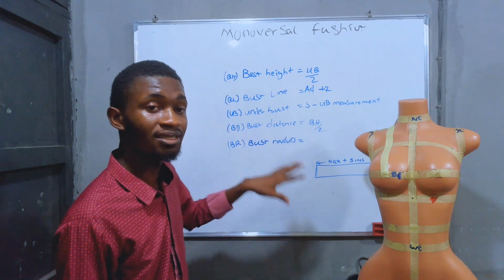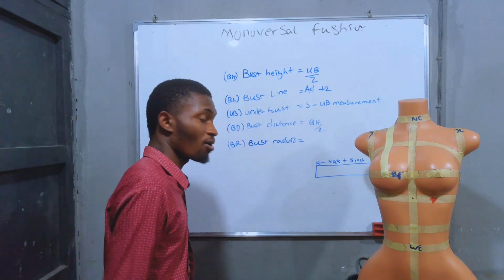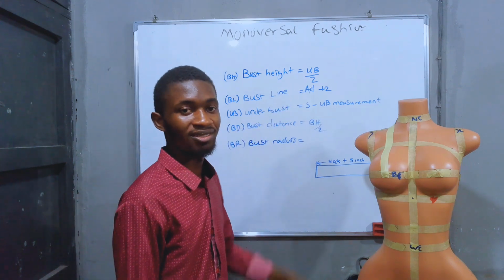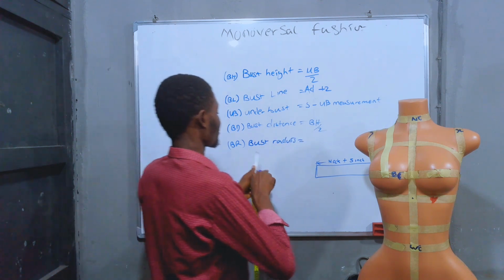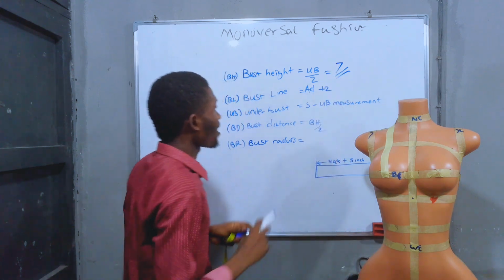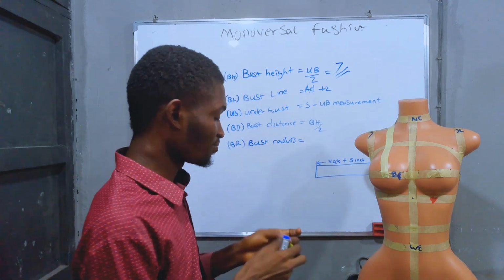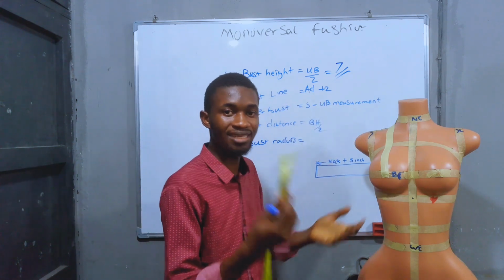The bust height is under bust divided by 2, and our under bust is 14. 14 divided by 2 will give us 7. So 7 is our bust height.